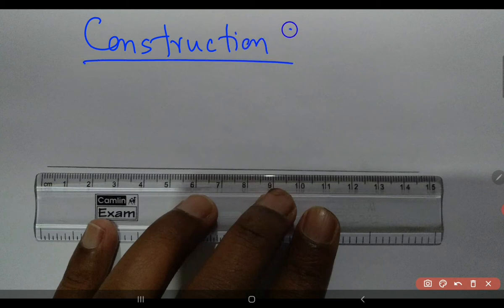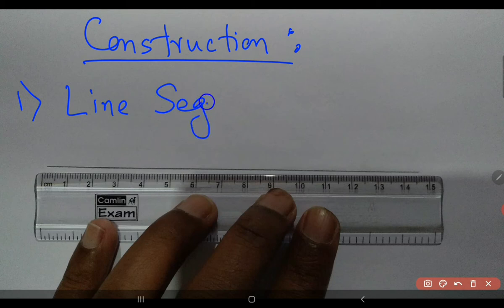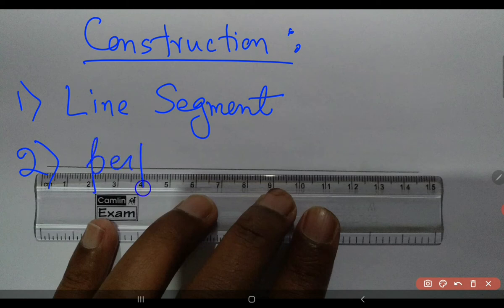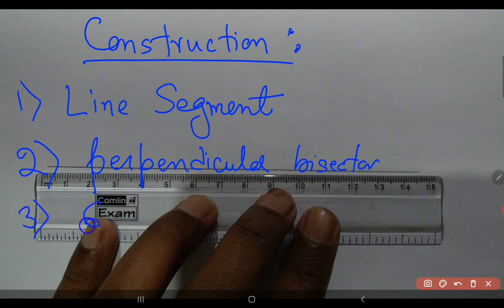In this we are learning how to draw a line segment, then number 2 we are also learning how to draw a perpendicular bisector, and number 3 we are learning how to draw an angle of 60°, and number 4 we are learning how to draw an angle of 120°. So these are our 4 targets to be completed under the topic construction.